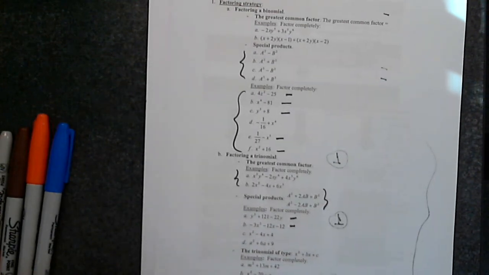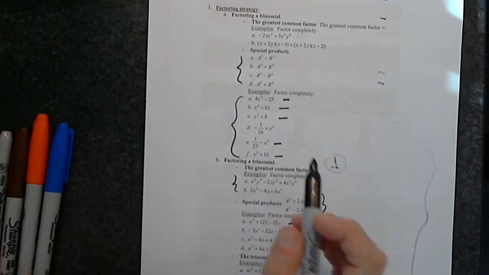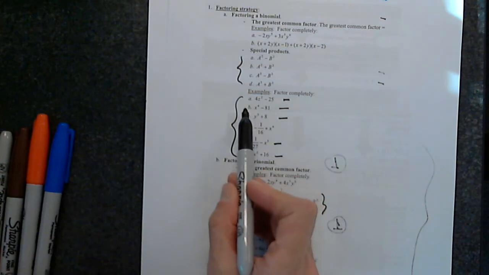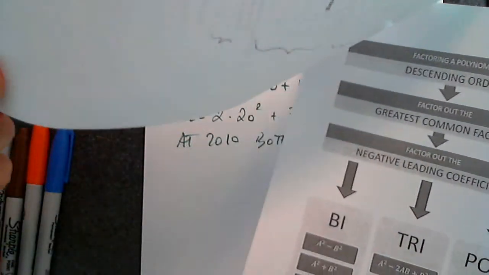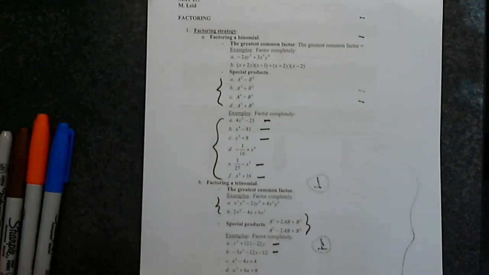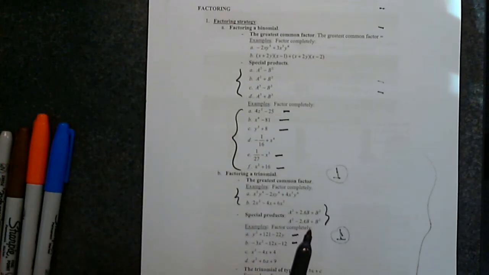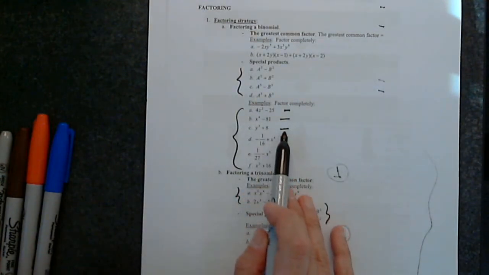Do you all have the factoring document? Yes. Perfect. So in the first section, I would like you to work on A, B, C. I will scan this and post it also for you tonight when I finish. I have one more class after this class. Everyone has the factoring document. A, B, and C.